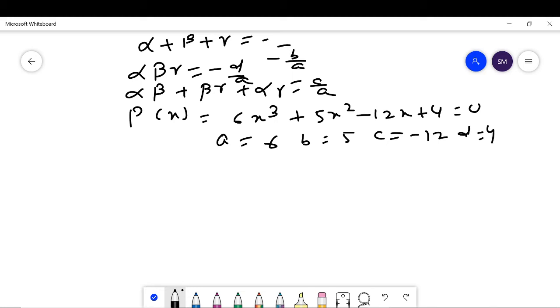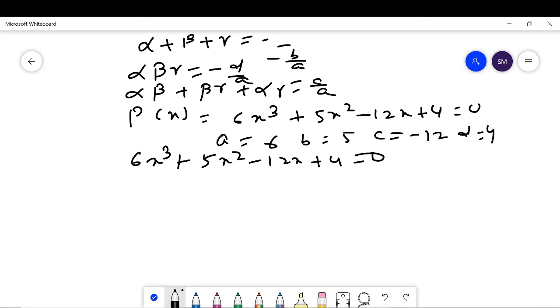Then factorize this. 6x cube plus 5x square minus 12x plus 4 is equal to 0.